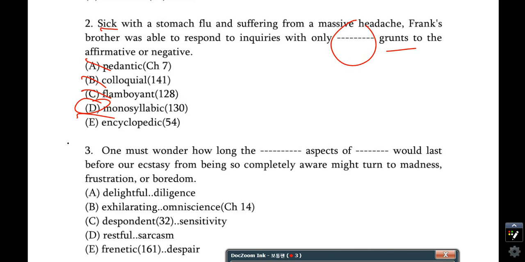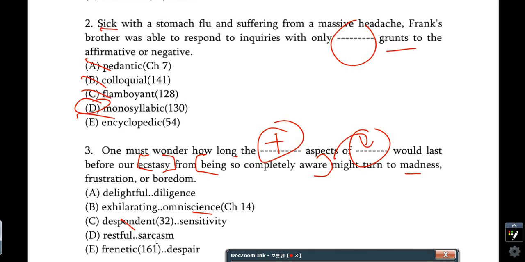Number 3, one must wonder how long the blank aspects of blank would last before our ecstasy. So the positive aspects of being so completely aware, which is the target for the second blank, would turn to negative things. So the delightful aspects of diligence, well, possibly. The exhilarating aspects of omniscience, well, omniscience is knowing everything, so that would work.